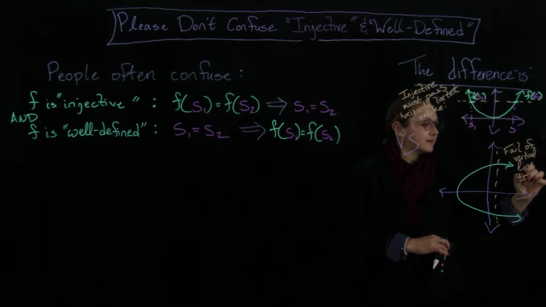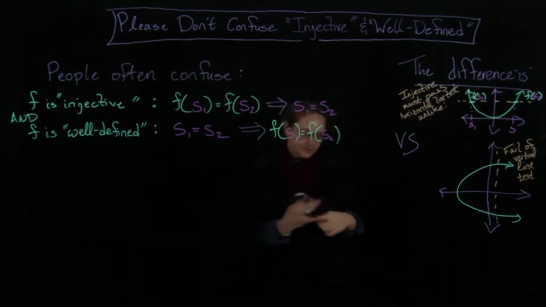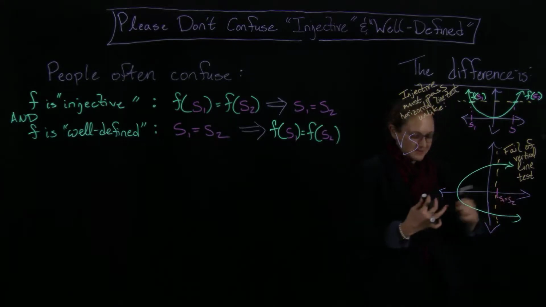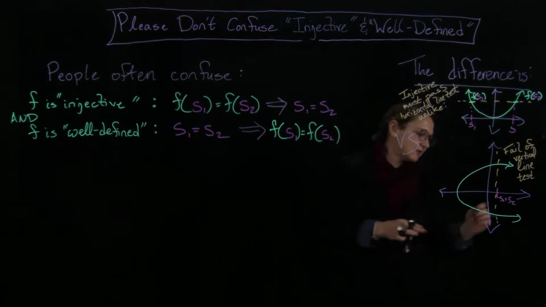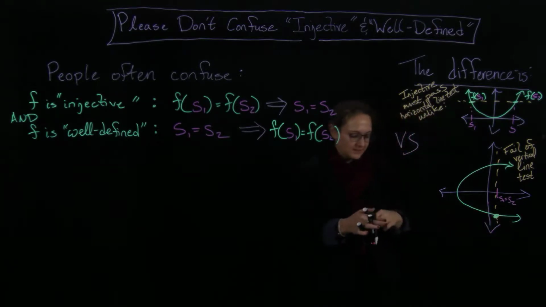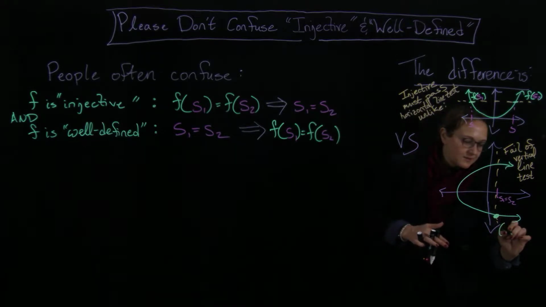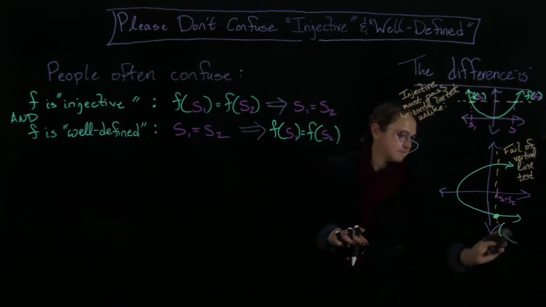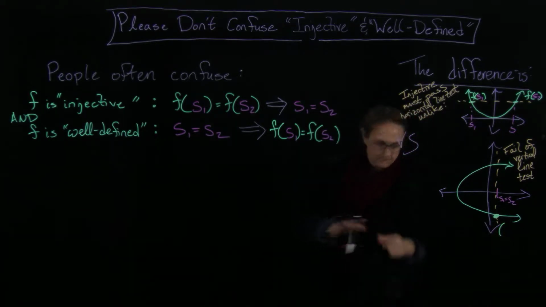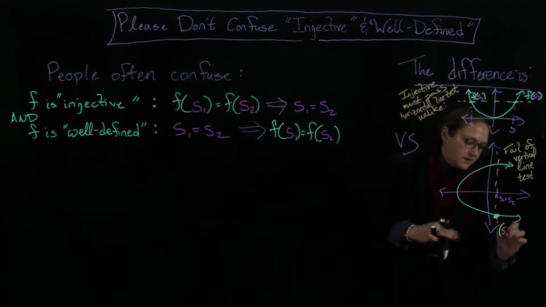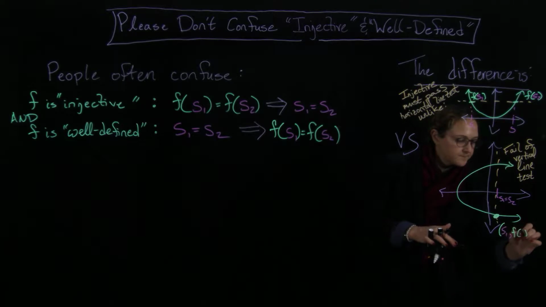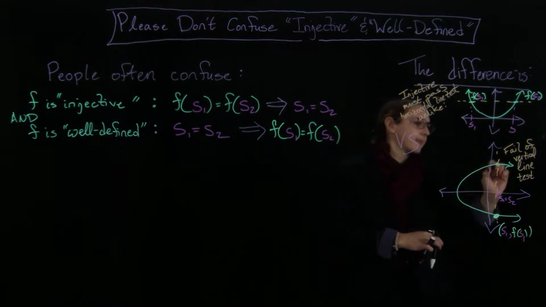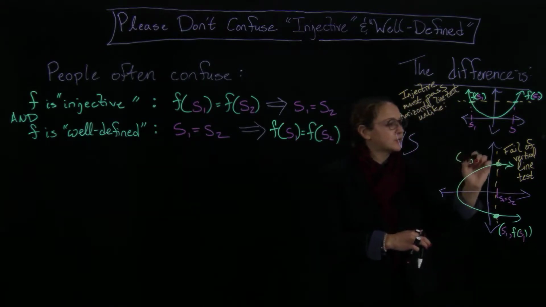Here S1 equals S2, but because of how you describe things, it looks like you've got a point here, S1 and then F of S1, and here it would look like you had the point S2, F of S2.